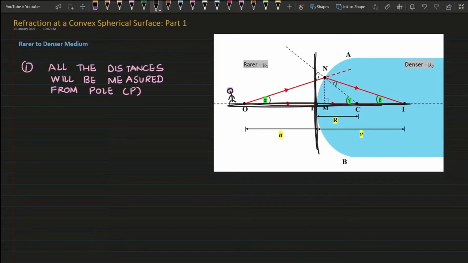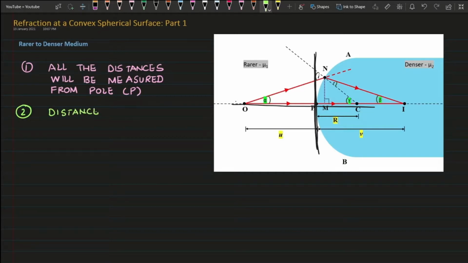So if I am going to measure my distance, I will not start measuring from here, but I will start measuring from P. Okay, I will consider P as 0 and measure from here. For example, I am on the left hand side of the system. So the first thing is I will measure all the distances from P. Just take care of this point in mind. The next thing which you have to see in the new Cartesian system is this.